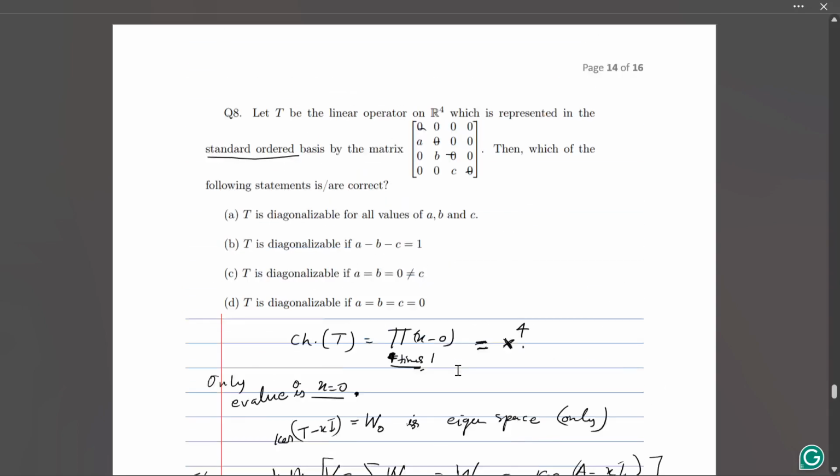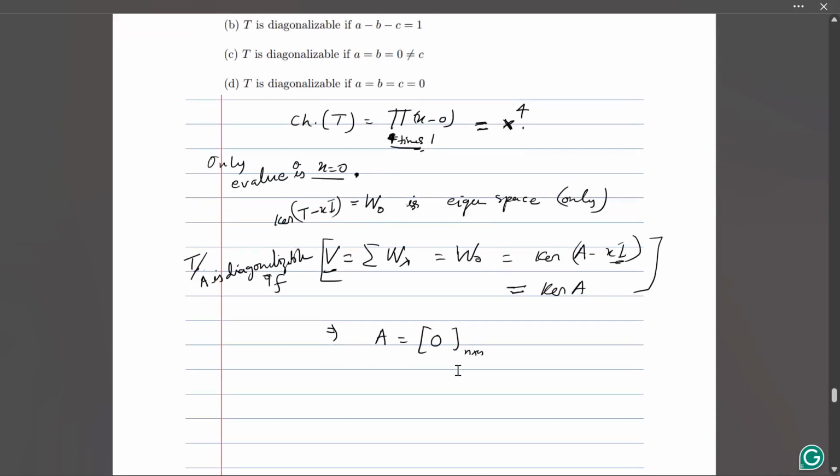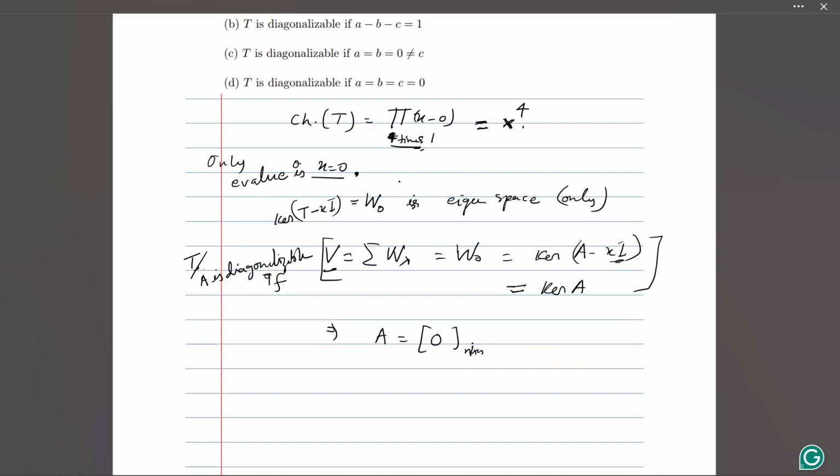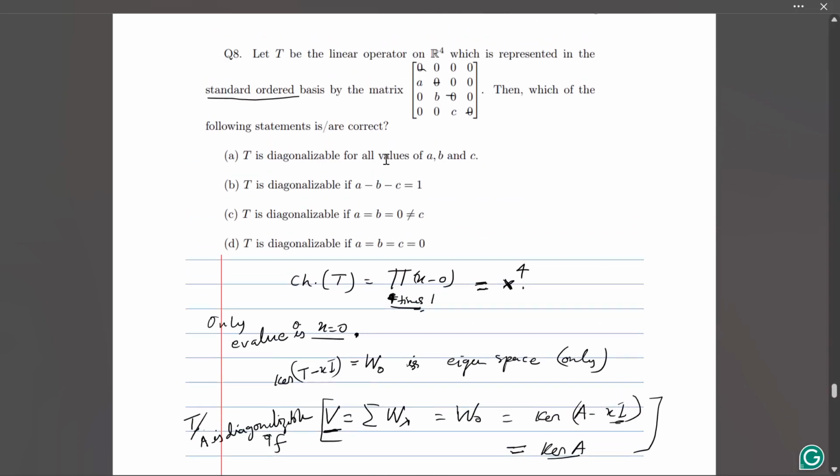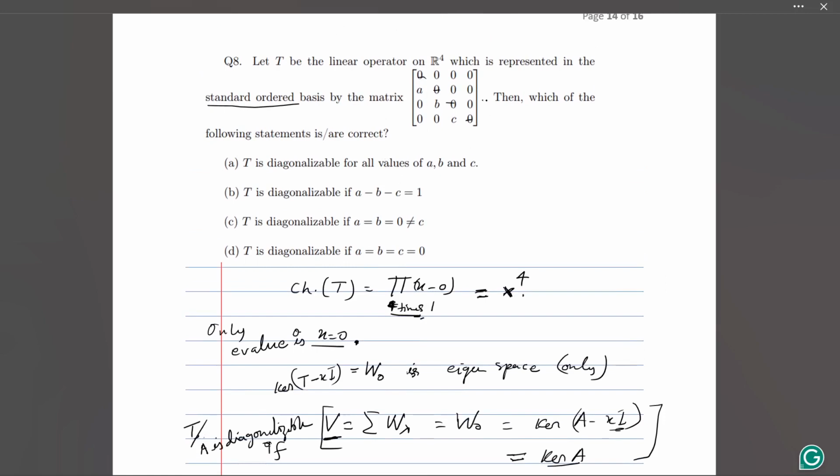Here we have four by four matrices. When the kernel of A is the whole space V, what should A be? A should be 0. So all a, b, c are equal to 0. A itself is the zero matrix. So this is the only correct option. These are incorrect.